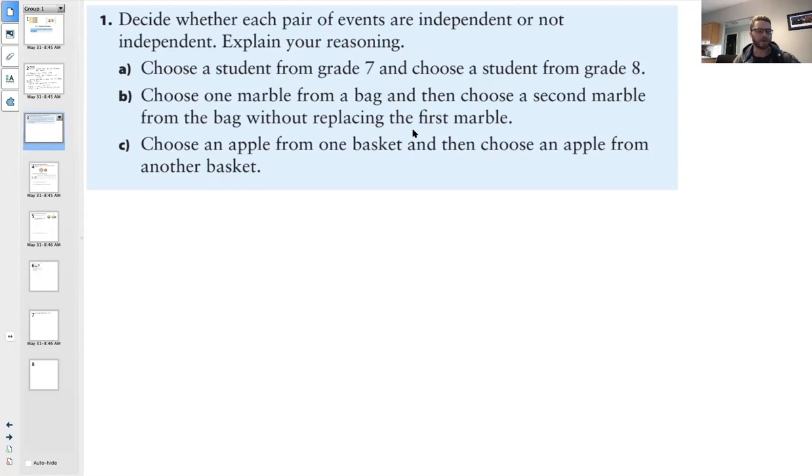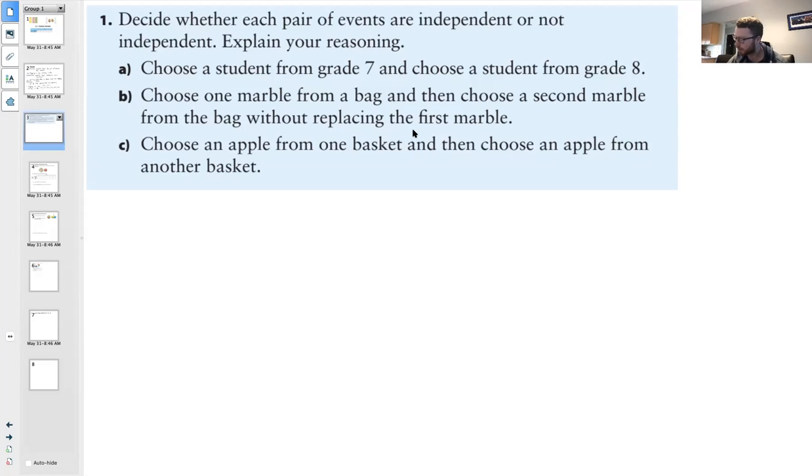Okay, so for these three examples here, we're going to say if they are independent events or dependent events, okay? So remember, independent events do not influence the outcomes of another probability, okay? Dependent events will affect the next outcome or the next probability, okay?